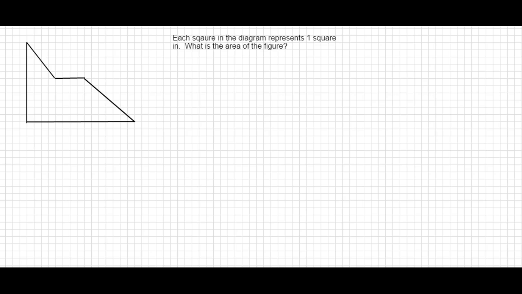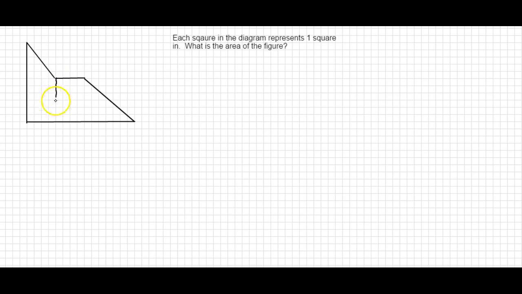We can also take a shape where we may have to add areas together. On the previous problems we had to subtract. We were trying to get rid of some of the areas. So in this shape, each square in the diagram represents 1 square inch. What is the area of the figure? So we want to take our shape and cut it into shapes we know how to find the area of.